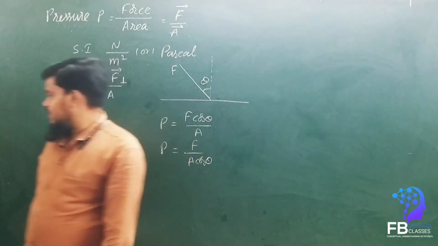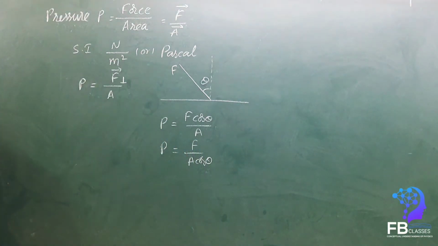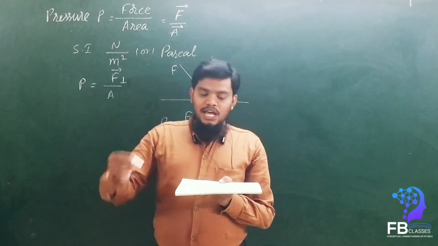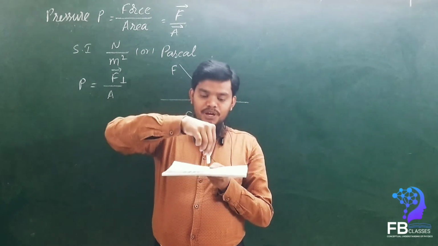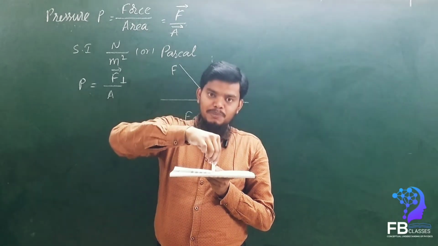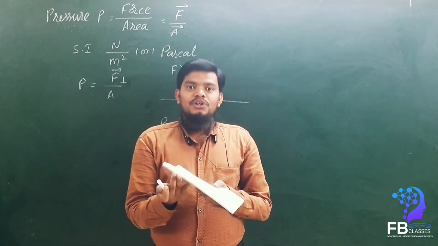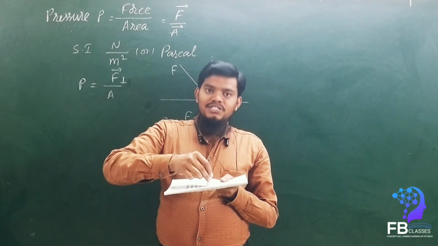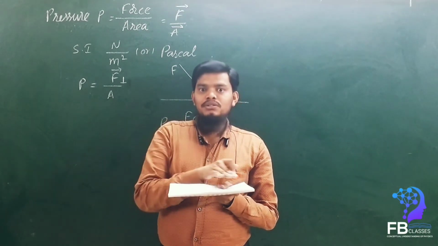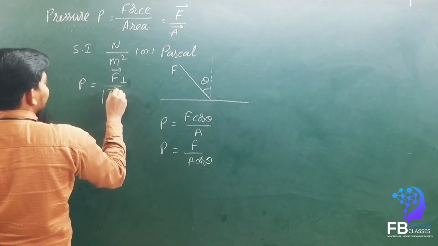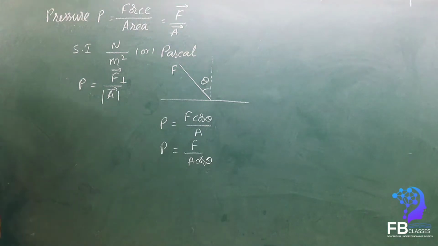For example, if this is an area and I apply the force perpendicularly, taking the perpendicular component, then the simple understanding is that the force is always taken perpendicular to the surface area.